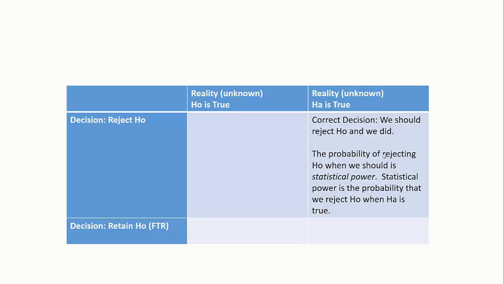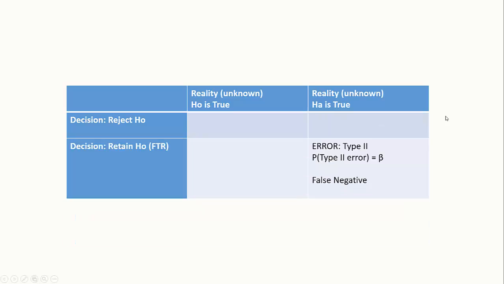Also define the level of error that you're willing to accept for type 1, and then using those and other criteria that you might have set, determine a sample size that would allow you to make the correct decision in 80 or 90% of the cases if HA is true. If you didn't get all that, it's okay. At this point anyway, I just want you to recognize that sample size and statistical power are very much interrelated.